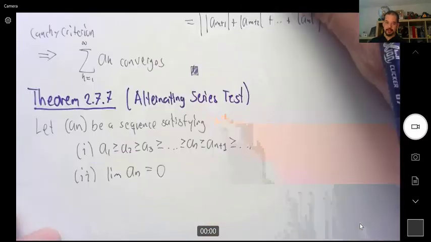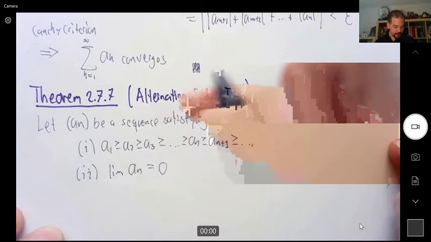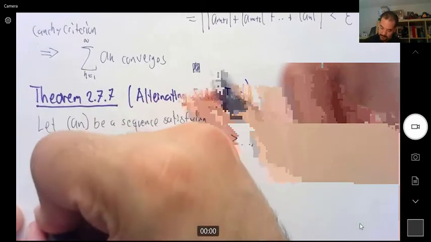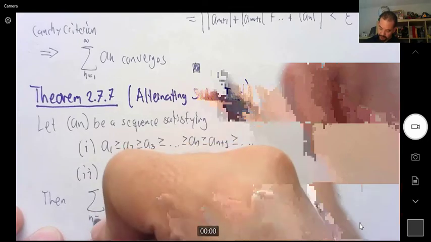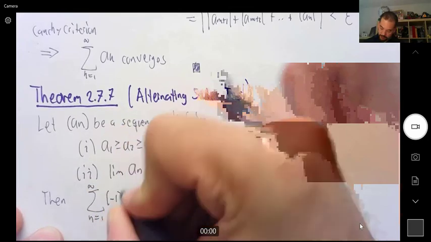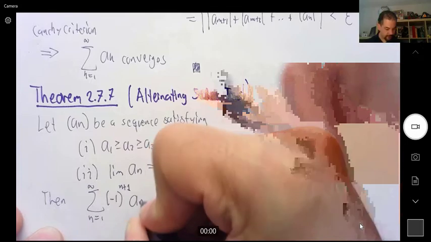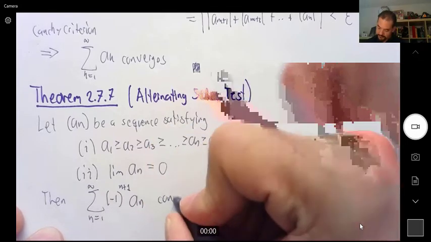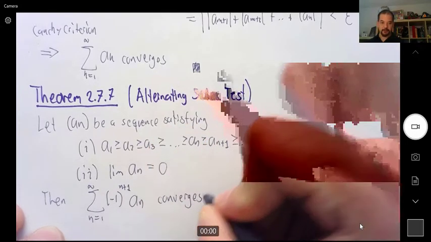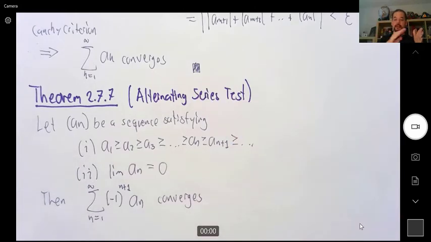If you have a sequence that satisfies these two properties, then if you create the one that alternates signs, the sum from 1 to infinity of (-1)^(n+1) a_n, then this one converges. So if you alternate signs, and every time you take things that are smaller and smaller, then it converges.